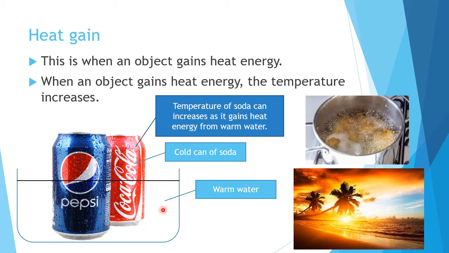The warm water heats the soda can. That means the temperature of the soda can increases as it gains heat energy from the warm water. From the warm water, the heat goes to the cold can, so the cold can becomes warmer. That's what it means. So the cold can has heat gain.